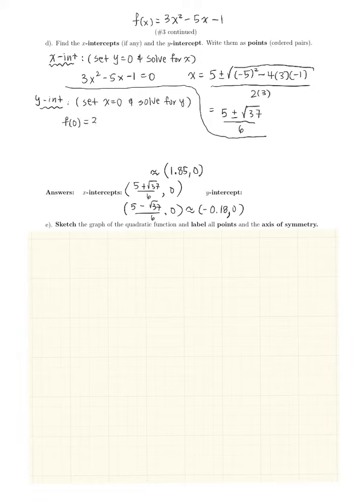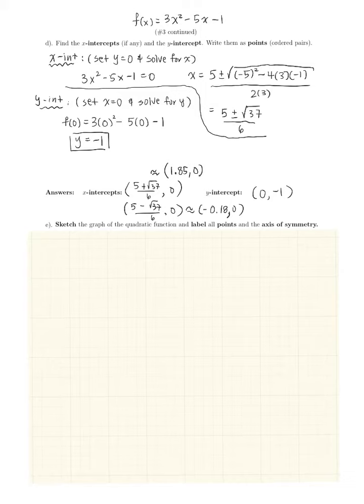So this is going to be 3 times 0 squared minus 5 times 0 minus 1. So our y is just going to be negative 1. So as a point at the y-intercept, your x value is always going to be 0 and your y is going to be negative 1.